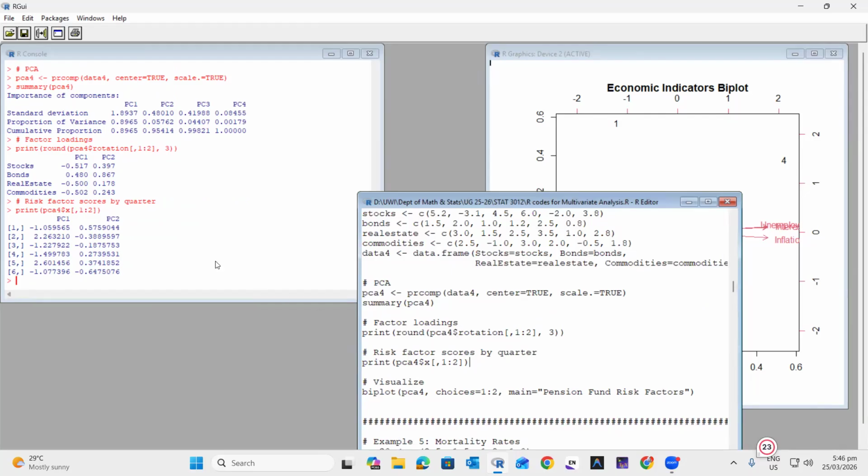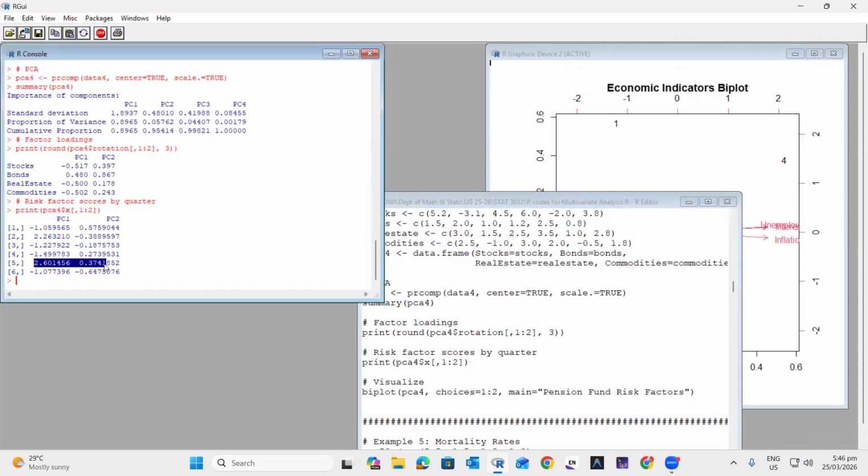All right. So these are the scores. So here quarter 5, the stock value is minus 2, and bonds 2.5, and real estate 1, and commodities minus 0. It has the highest PC1 score, PC score 2.60.